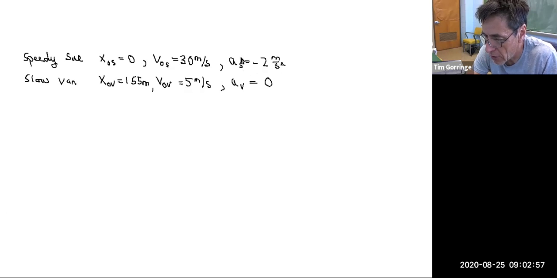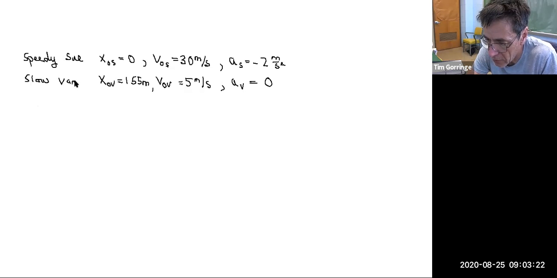It's trying to slow down to avoid the collision. The acceleration is -2 meters per second squared. Because all of these refer to the car, this position X, this velocity V, this acceleration A, I put a little subscript S on each of these terms. It's because the car was driven by Speedy Sue.